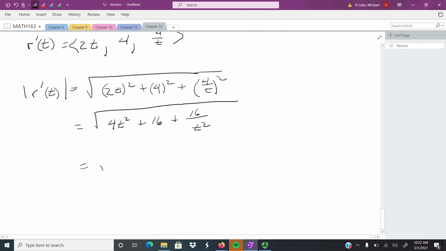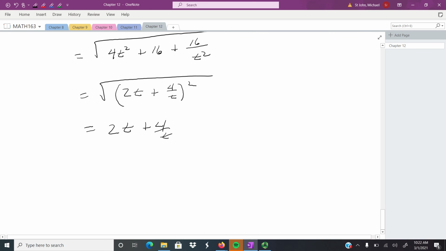And this will factor to give us 2t plus 4 over t squared, and this will become 2t plus 4 over t. So that means my tangent vector is going to be 2t, 4, 4 over t, over 2t plus 4 over t. So we get that.